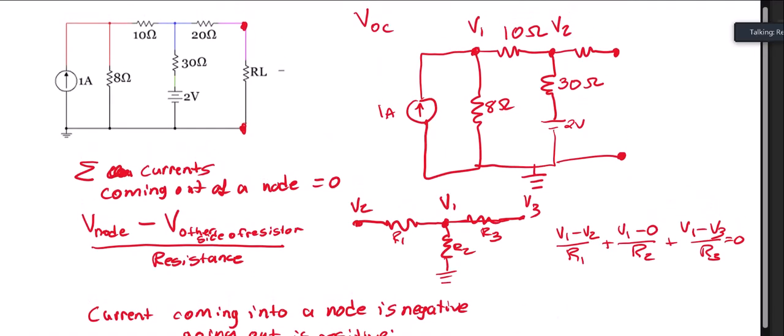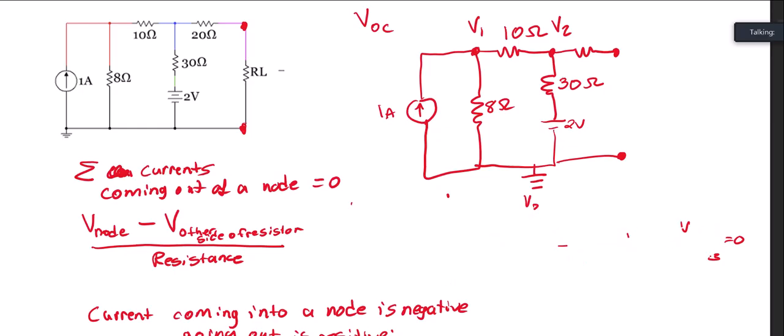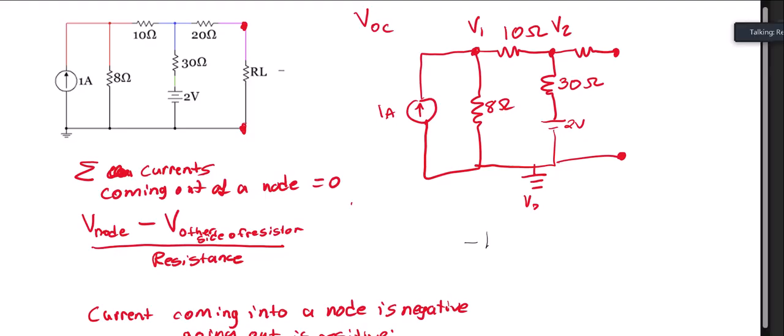So I'm now going to write my node equations for my two nodes here. So for V1, I have a current coming in. A current coming in is negative. So that'd be negative 1 amp.